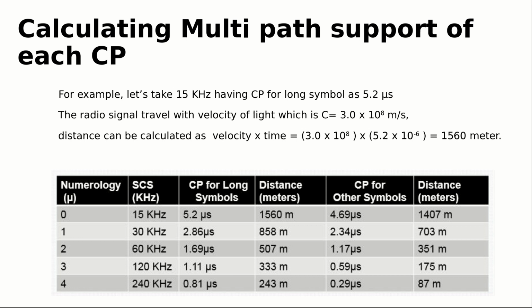Here I have taken one example, 15 kilohertz, having the CP for the long symbol as 5.2 microseconds, and the velocity of the signal is equal to the velocity of light, which is 3 into 10 raised to 8 meters per second. So the distance is calculated as velocity into time. Okay, it will give you 1560 meters. So like that, for different subcarrier spacing, a different distance will come.